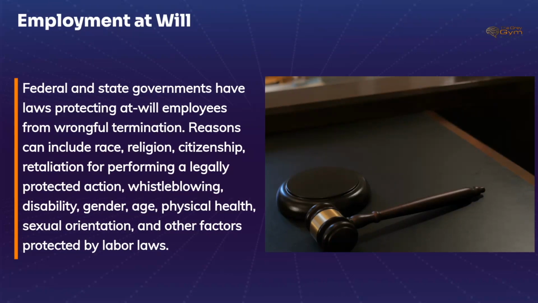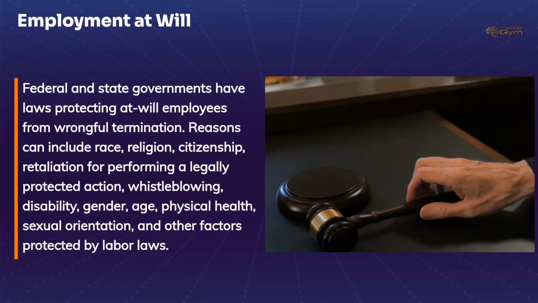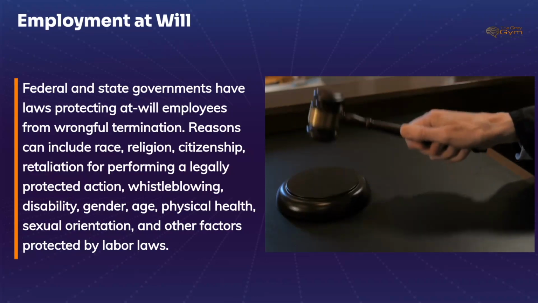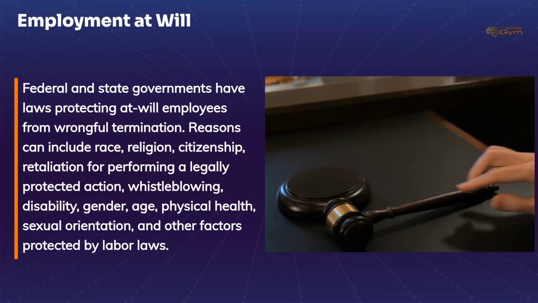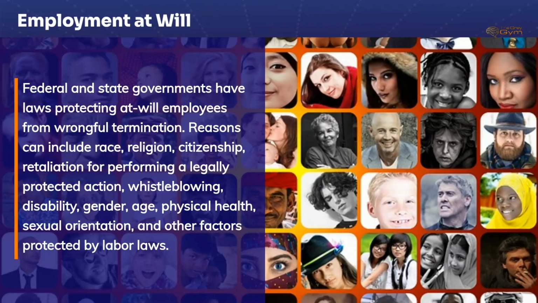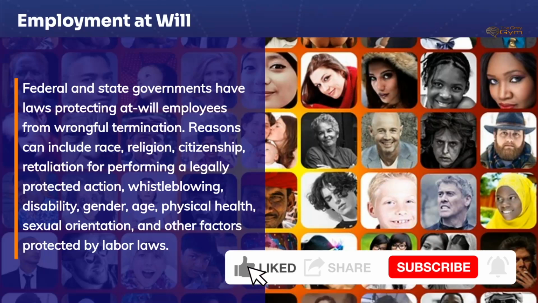Federal and state governments have laws protecting at-will employees from wrongful termination. Reasons can include race, religion, citizenship, retaliation for performing a legally protected action, whistleblowing, disability, gender, age, physical health, sexual orientation, and other factors protected by labor laws.